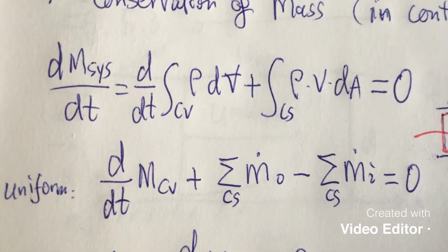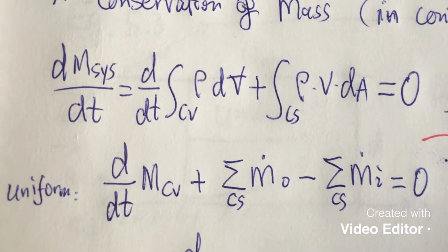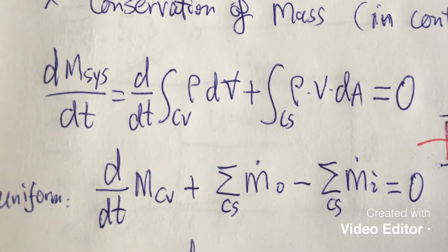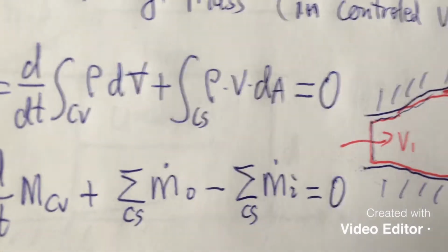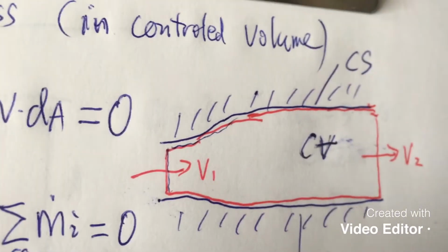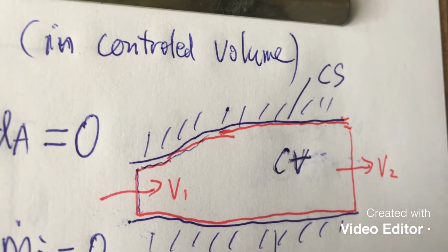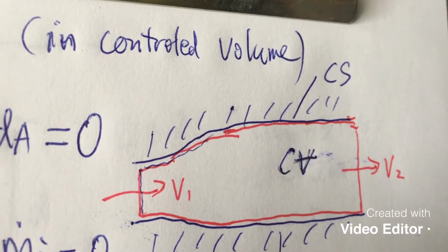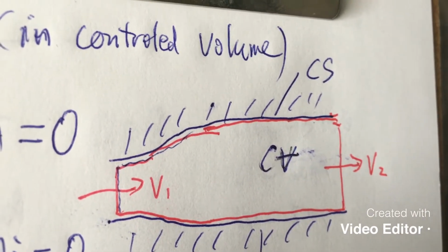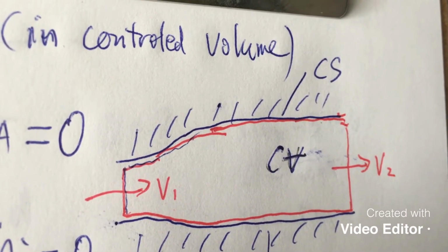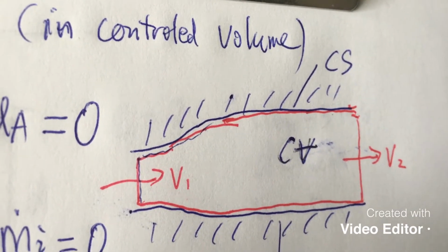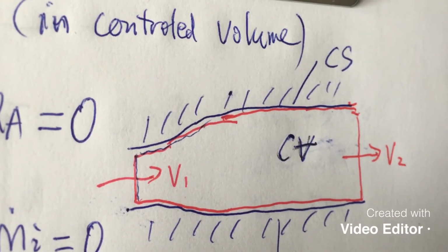If we make assumptions, the first one is that we have a uniform velocity going through the control surfaces. For example, in this case, let's say V1 is a uniform velocity through the inlet surface, and V2 is also a uniform velocity through the outlet surface. Of course, V1 is not equal to V2, that doesn't matter.